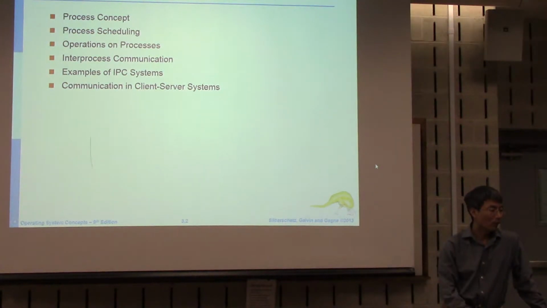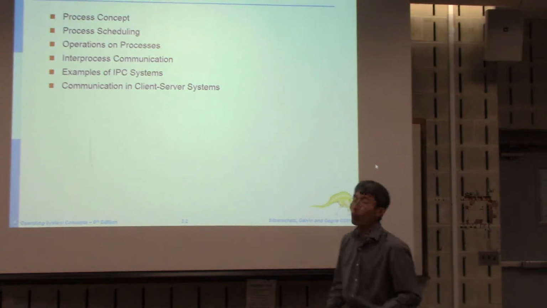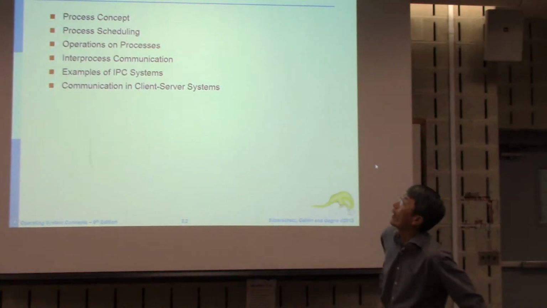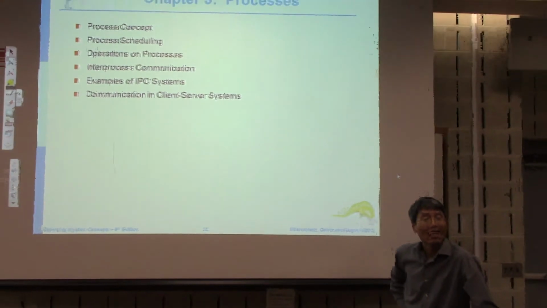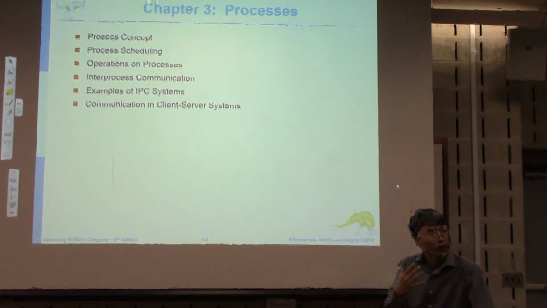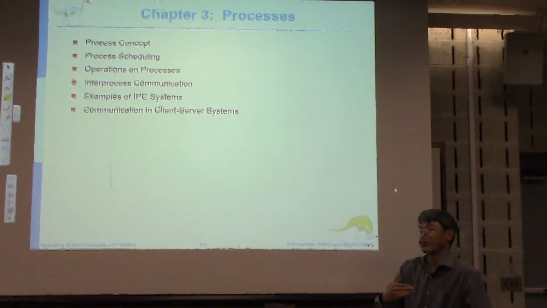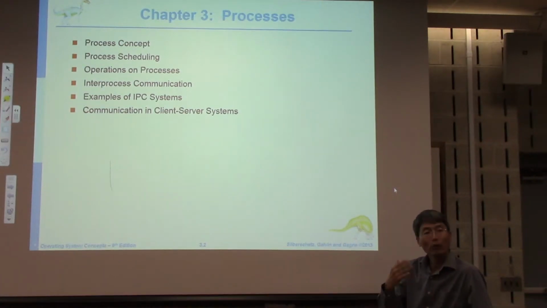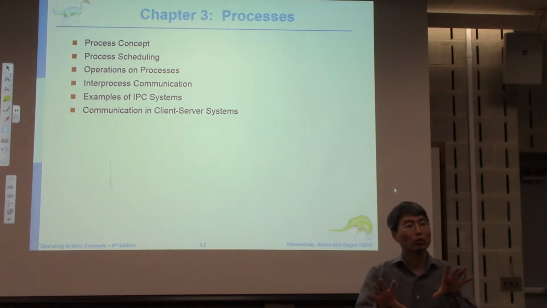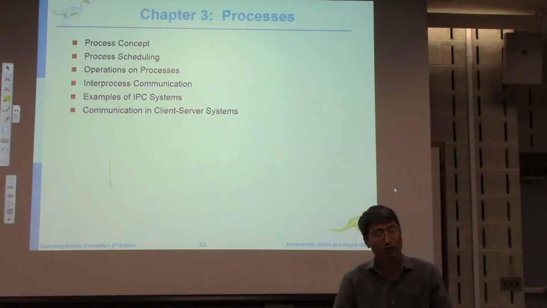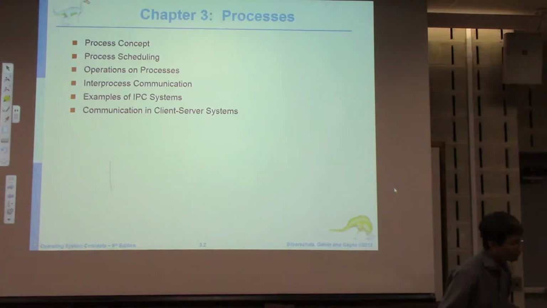So in this chapter, we will talk about process management in terms of the concept, what a process is, and scheduling. Scheduling means we want to share limited resources among multiple processes. How can we manage that? We are going to schedule multiple processes.